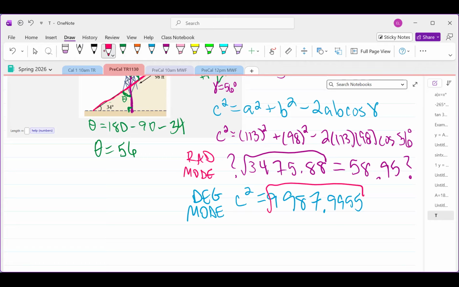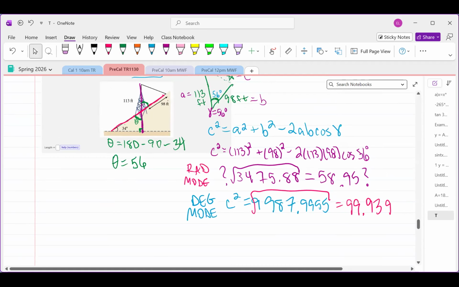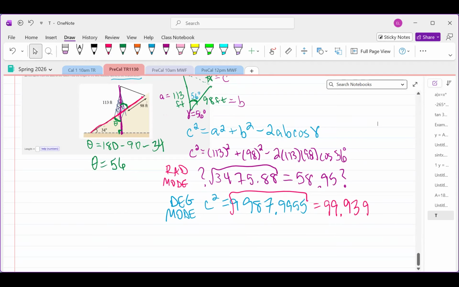And now I'm going to raise that to the 0.5 power. And I get 99.939. And they said rounded to the nearest tenth. So we're going to type in 99.9.